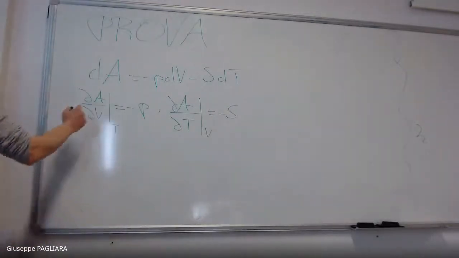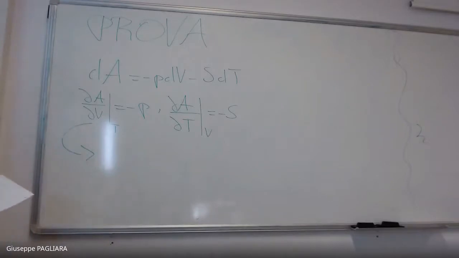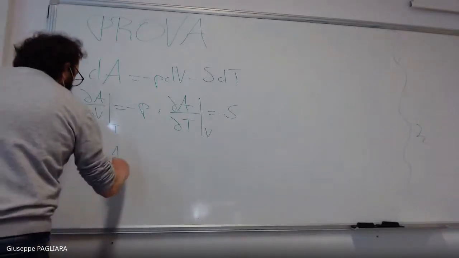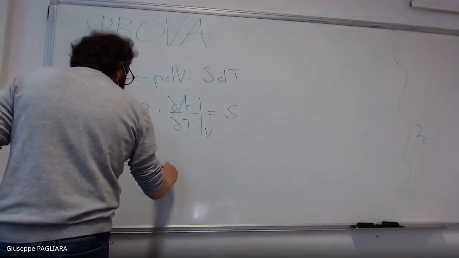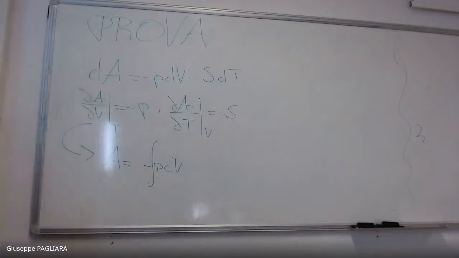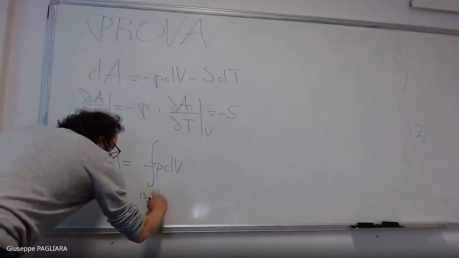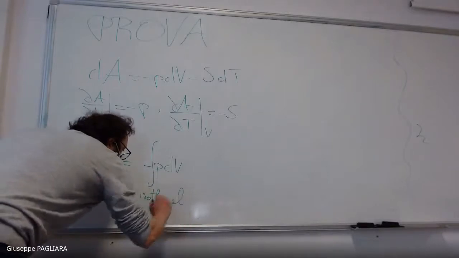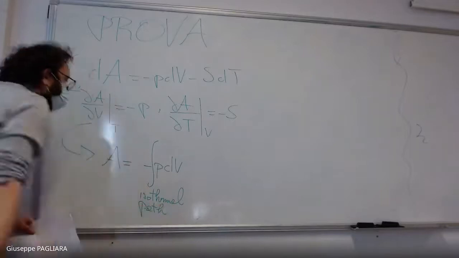Now, from this equation in particular, the first one, we see that A is equal to minus P dV integrated over an isothermal transformation, an isothermal path, if you want. Okay.